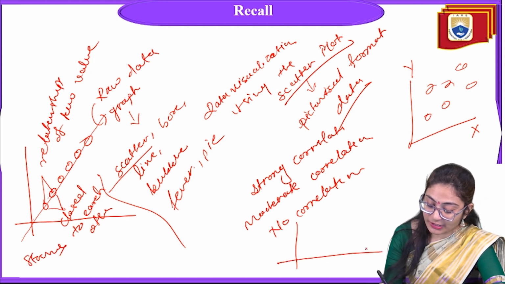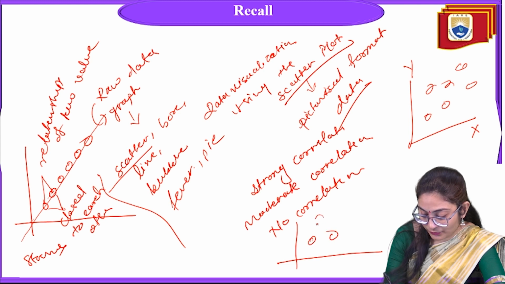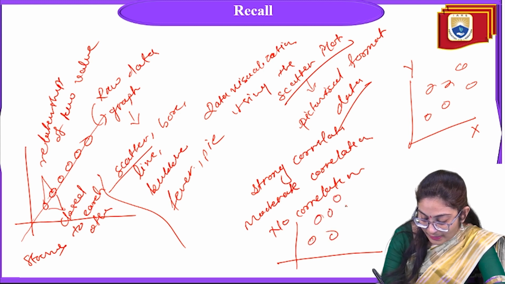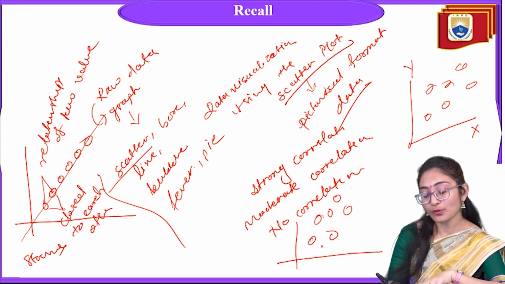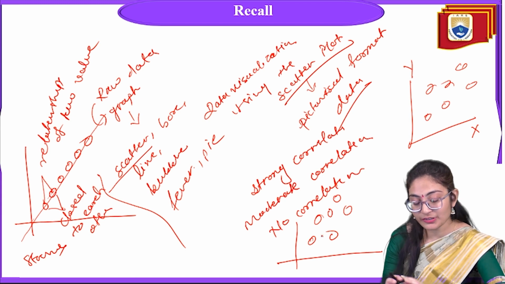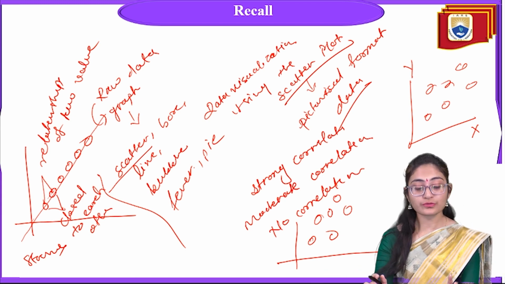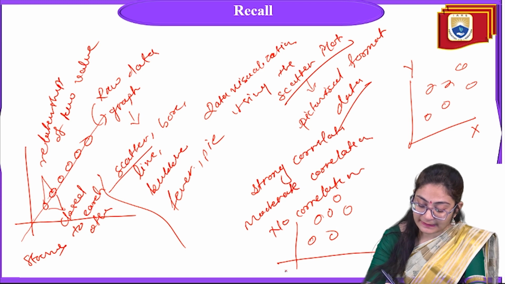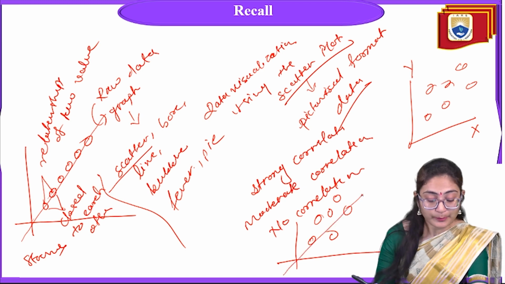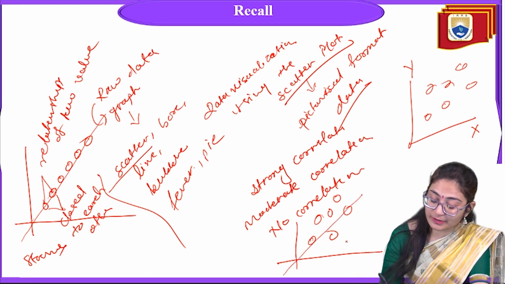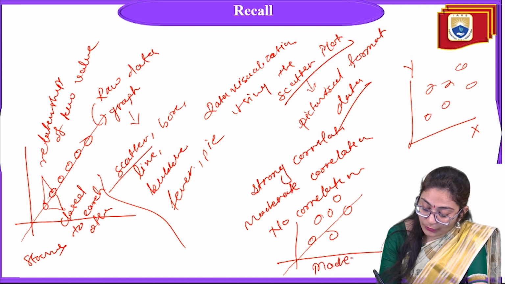In moderate correlation, what will happen? Sometimes these variables are also close to each other, but not so close. We can't draw a straight line from this. It's possible in the strong correlation. So this is your moderate correlation.